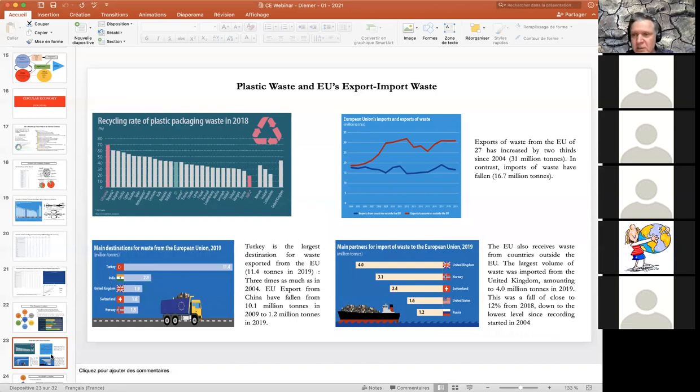But the big question is, what do we import and what do we export? And do we recycle inside Europe or outside Europe? Because if you recycle outside Europe, exports go up, and if exports go up, the DMC is going to go up too. And this is what's happening today.